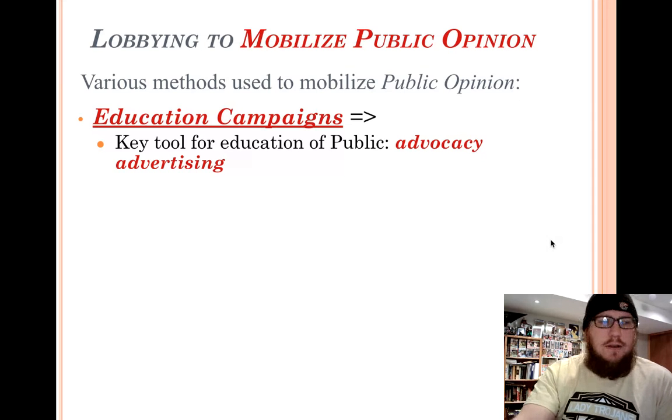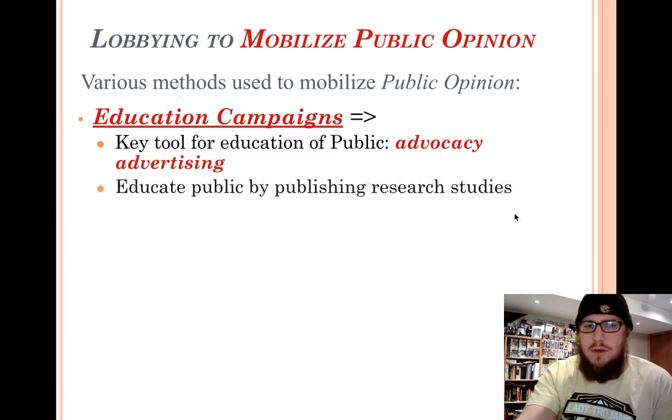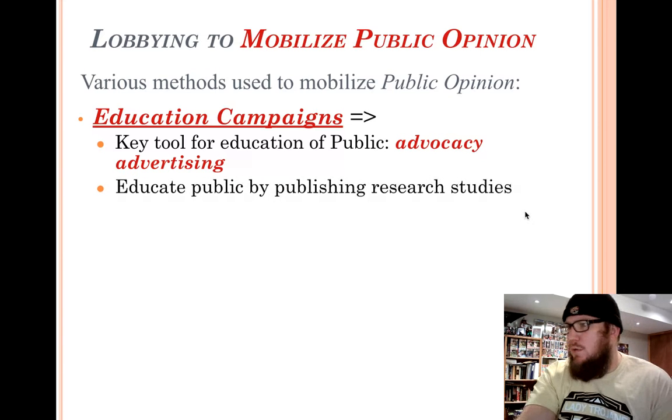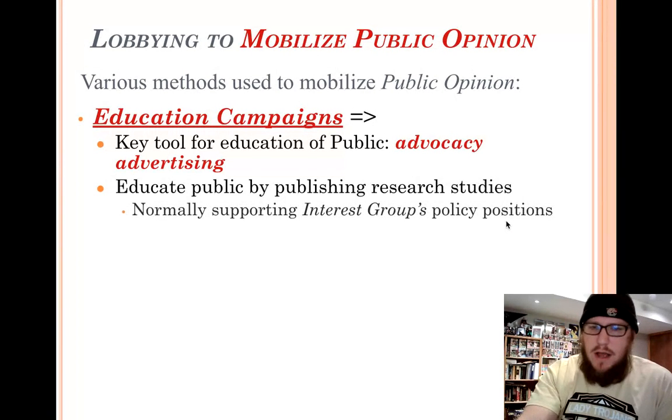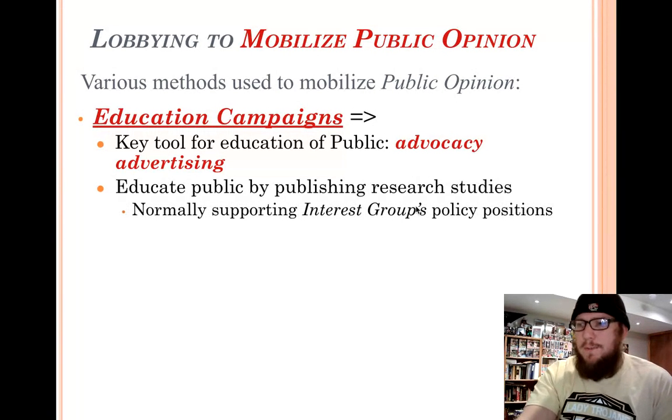So you've got your lobbyist who can reach out to the government, but then you also have the public who will reach out and do things, right? You can publish studies, you can put together commercials, but the goal will be to put out the results, to put out the findings that will support what the group believes in.